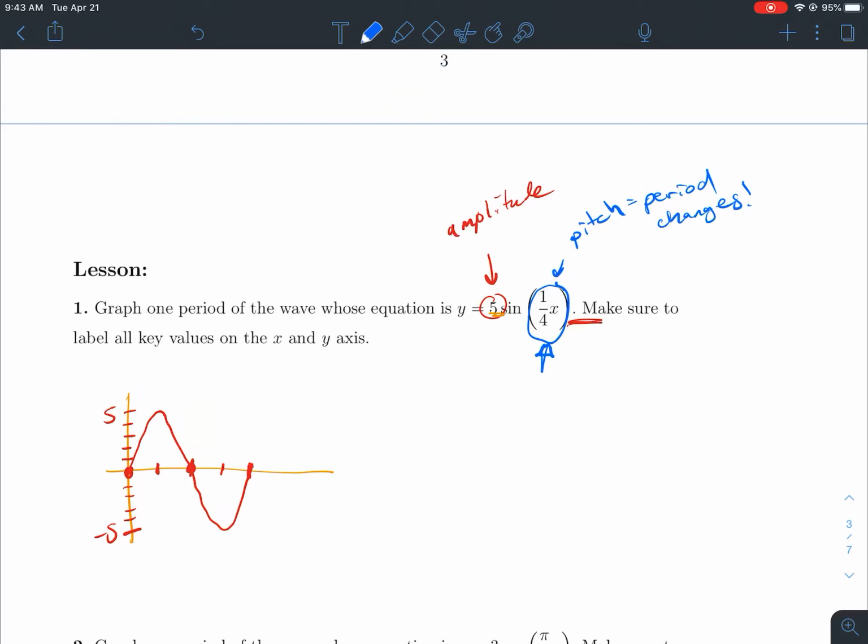Now, it looks very similar to the sine graph that we created before. This blue piece here, though, does change the numbers that go in these spaces, because the period is going to change. So this is no longer 2 pi.